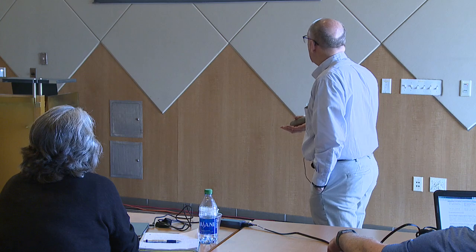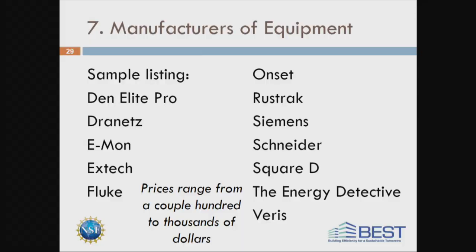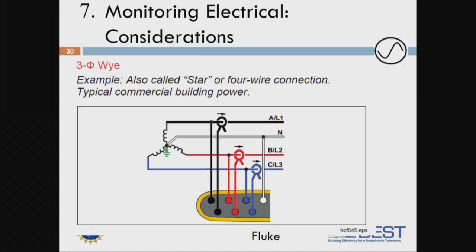Mary, do you know what costs are today? The Elite Pro is $1,500 and the CTs are about $500. Yeah. So maybe it's a little less expensive today. So that's the different range of prices and different types of manufacturers. I'm sure there's more. Mary will tell us a little bit.